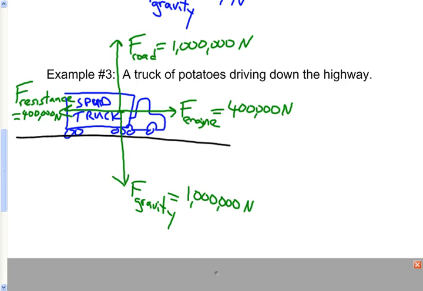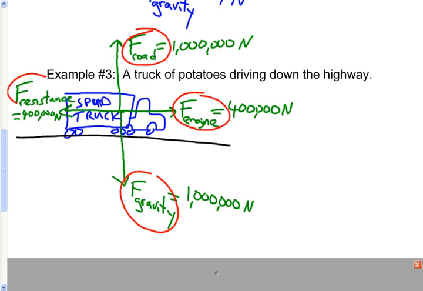So if we look at this situation, there are lots of forces, vertical forces, horizontal forces acting on this truck. But if the situation was as I've shown you here, notice what happens to all the forces. The gravity force and the road force completely balance each other up and down, so there's no total force up and down, and the engine's force and the resistance due to air resistance and friction also balance each other.